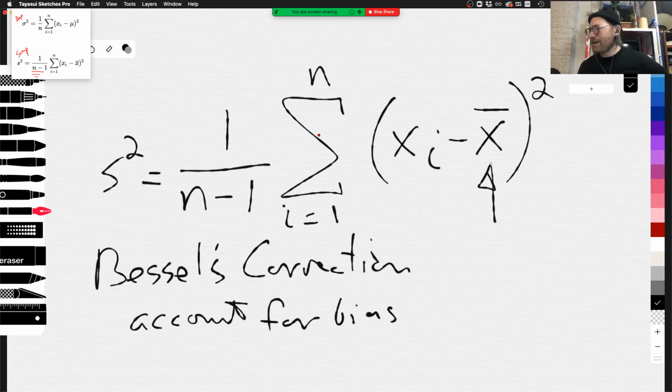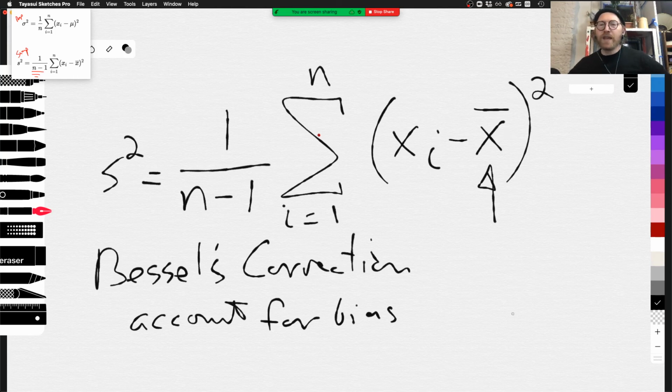But the reality is that we didn't. We're very rarely going to get the population parameter. So rarely that I'm just going to say never because, like I said, the mean is a continuous value. So we have this difference.